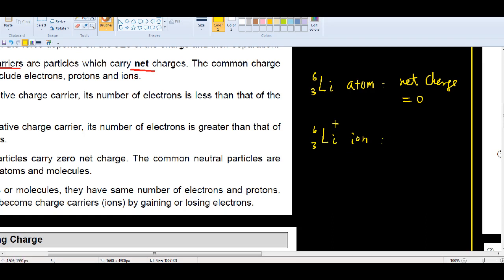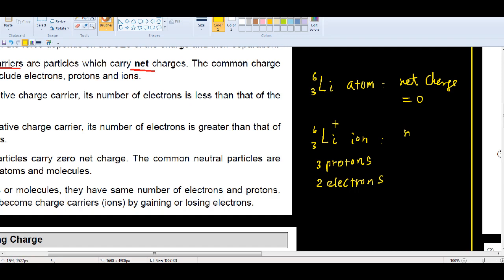It still has 3 protons, but since it lost 1 electron, it becomes plus 1. So right now you have 2 electrons. These are very basic chemistry knowledge you should have learned in previous science lessons, right?